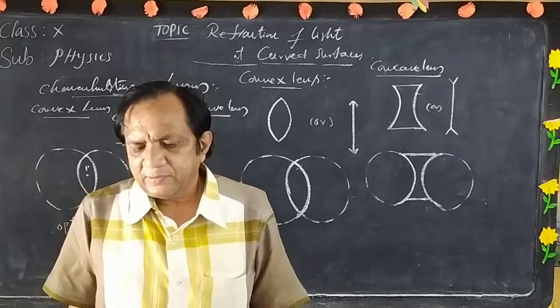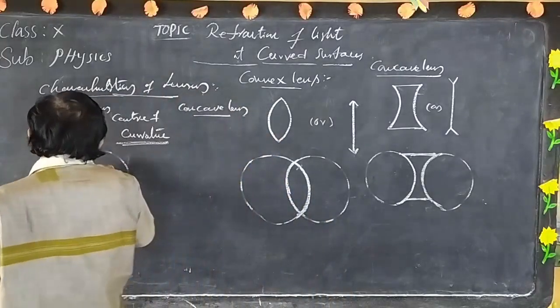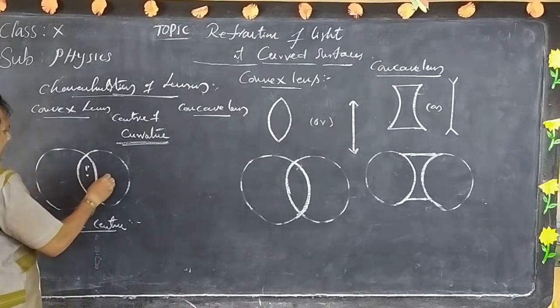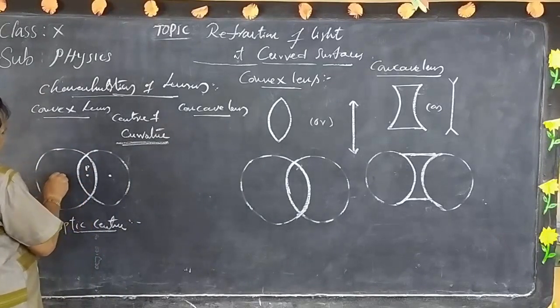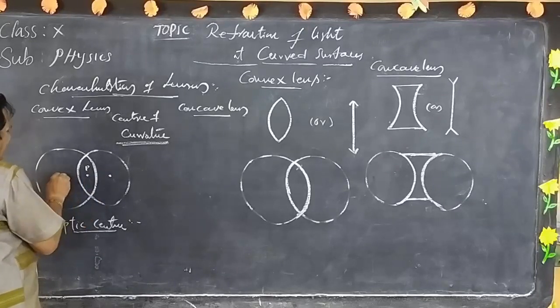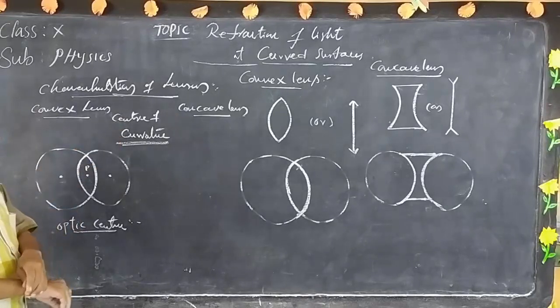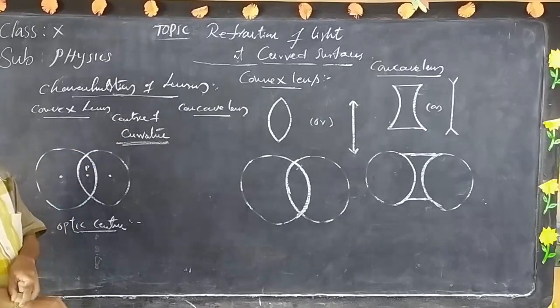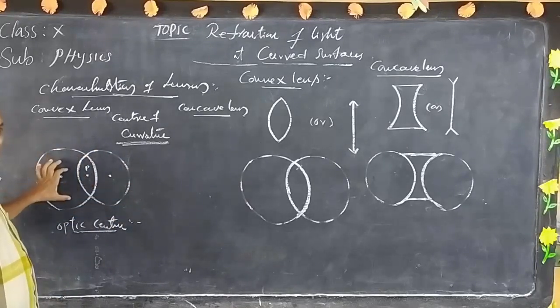For these lenses, these are the centers of the spheres. The center of the spheres we consider as the center of curvature. Simply remember that it is the center of the sphere which can contact this lens.